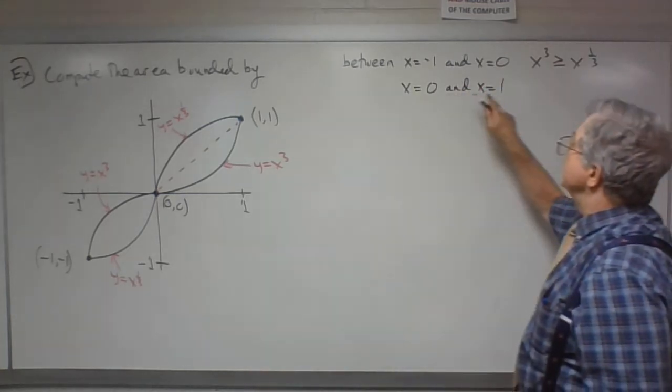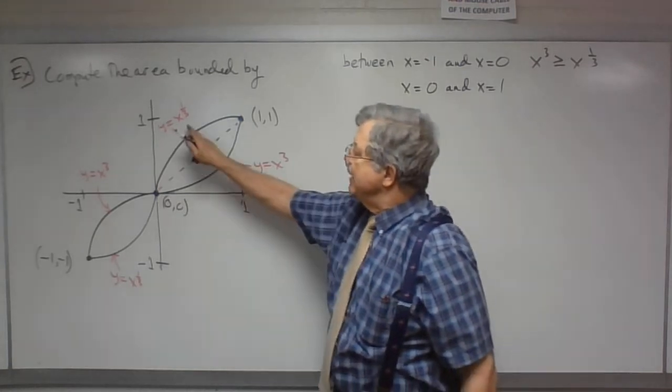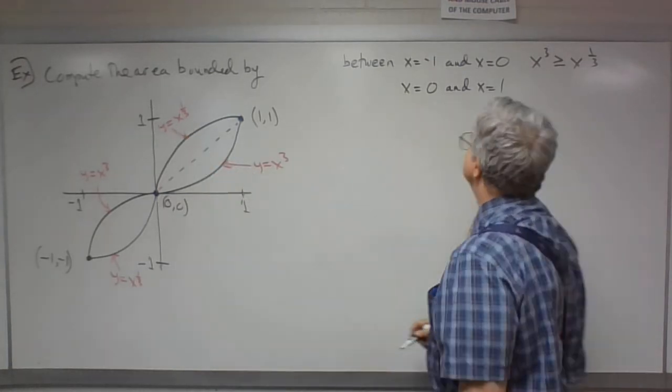Between x equals 0 and x equals 1, x to the 1/3 is the larger function.